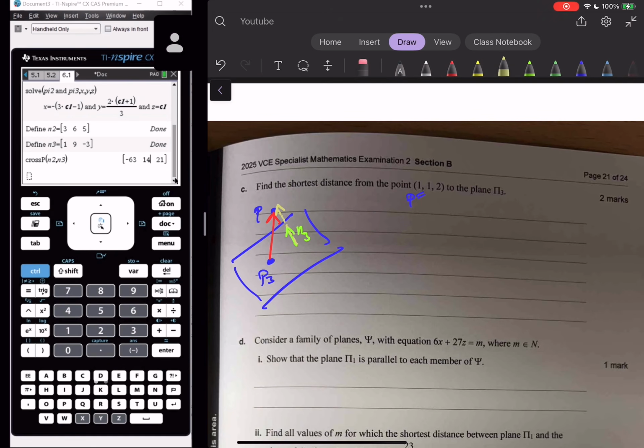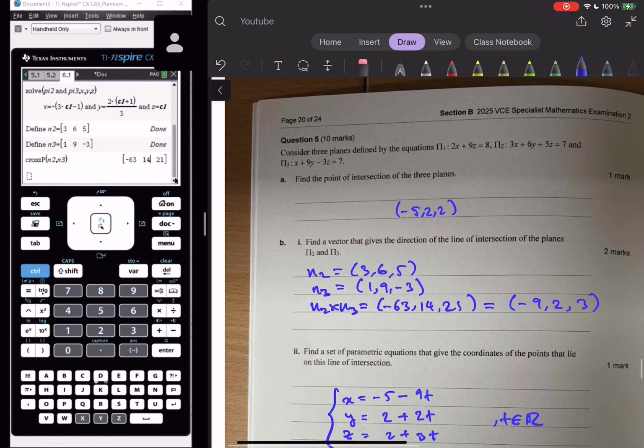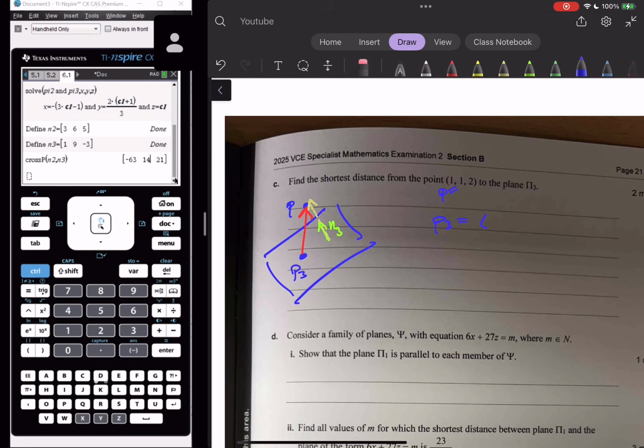Okay, so first of all, let's find a vector P3. So what's a vector P on our plane? If we take a look at the equation of our plane, P3, if we just set y and z equals 0, we get x equals 7. So a point we can choose is 7, 0, 0. Let's call this red vector v now.